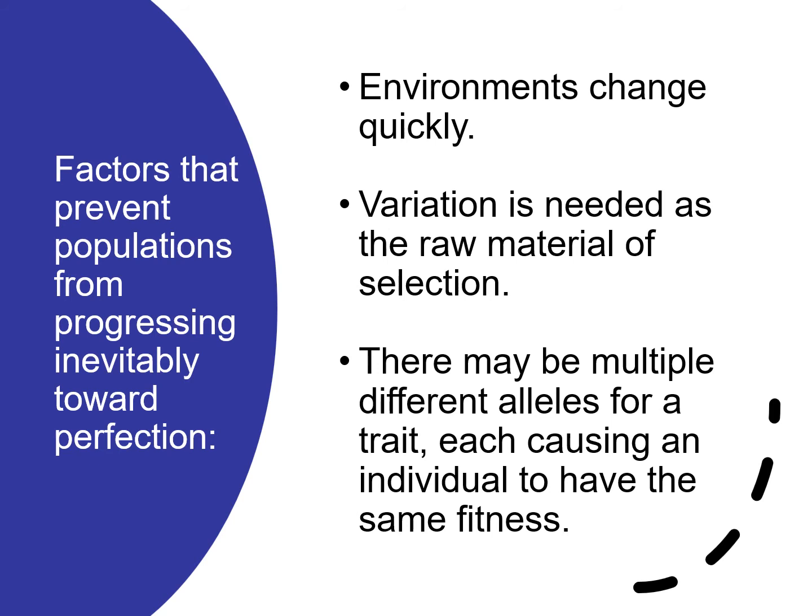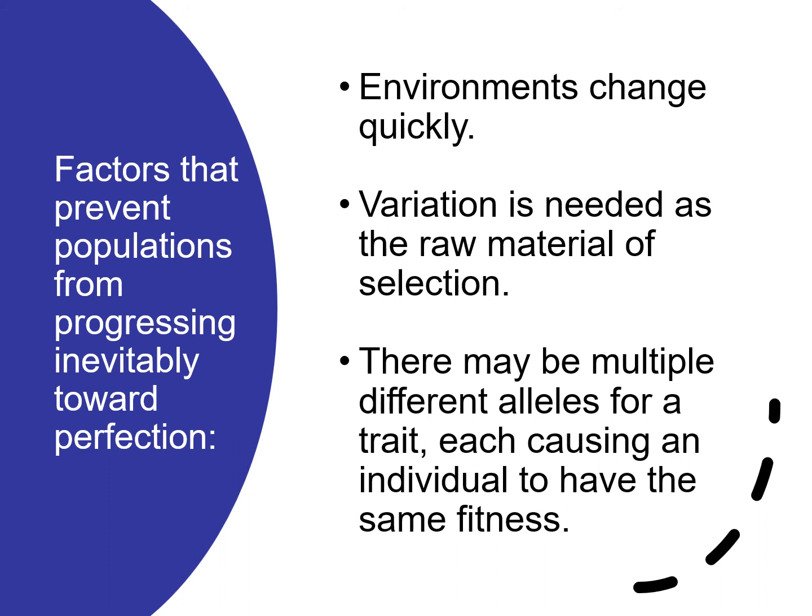So environments change, and animals can't evolve fast enough or adapt fast enough to become perfectly adapted for an environment. Everything's changing, so will the animals. They will never reach that perfect pinnacle, peak, body, essentially.